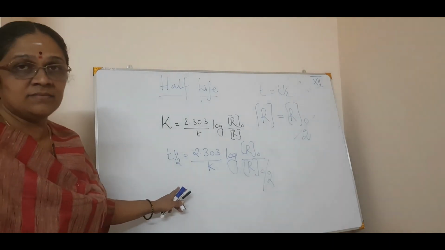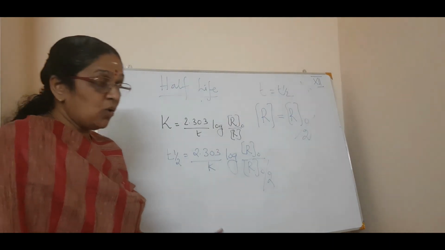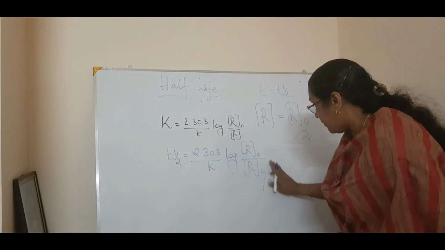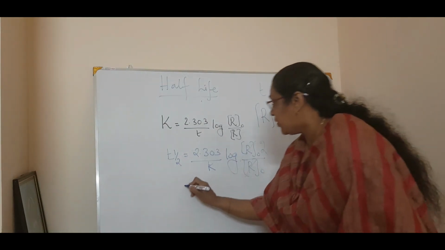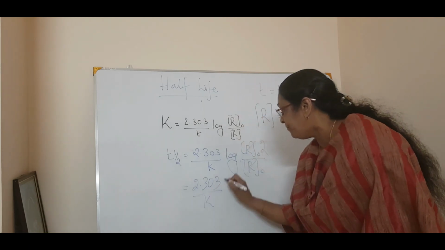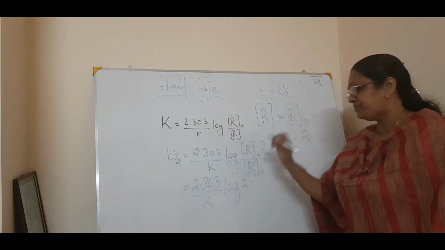This is correct, isn't it? So the 2 will come up, R0 will get cancelled, and it will be 2.303 by K log 2.